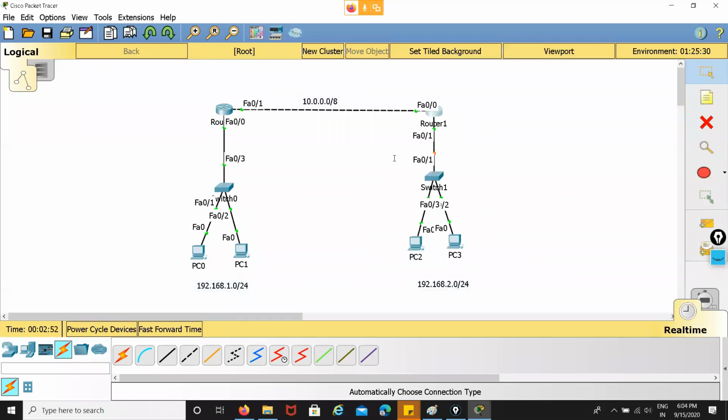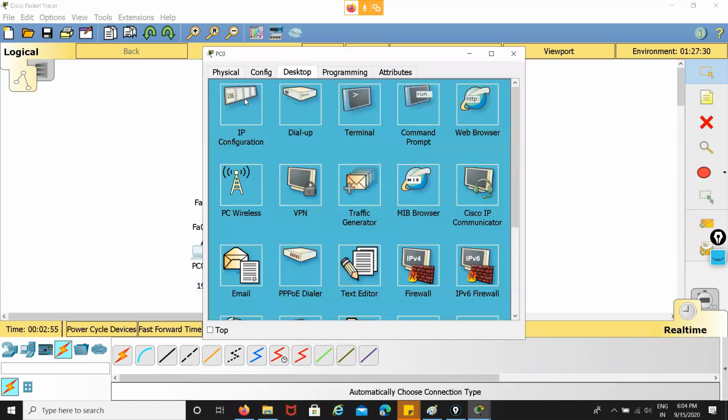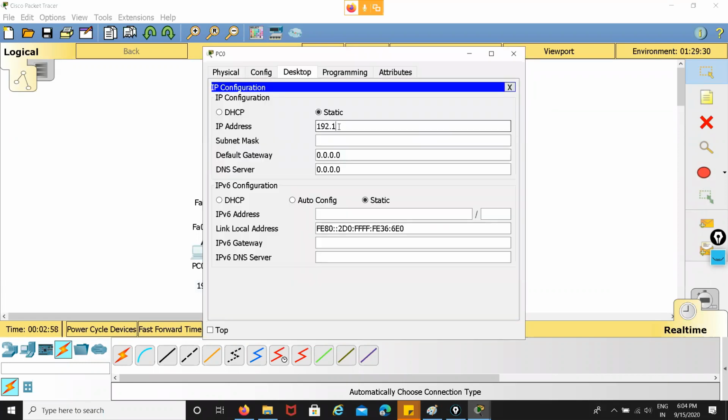Okay, now it's done. Just using some IP addresses to configure the LAN devices, where the default gateway is 192.168.1.1.